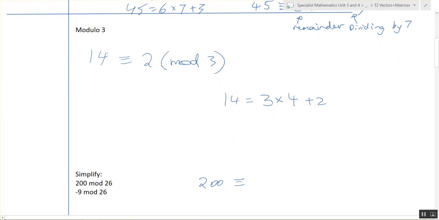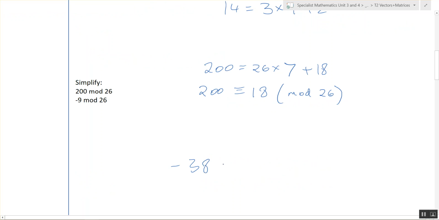Oh, goodness, my brain. Let me get my calculator. 200 equals 26 times something plus 18. Okay? So it's 18 mod 26. Alright? How many 26s? Negative 2.